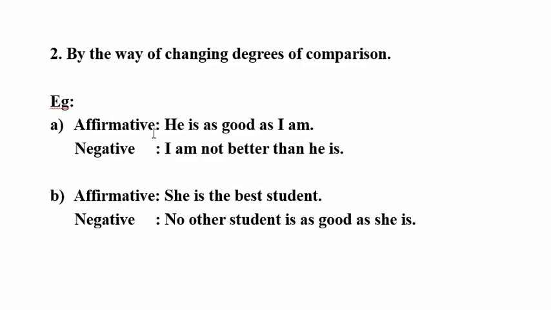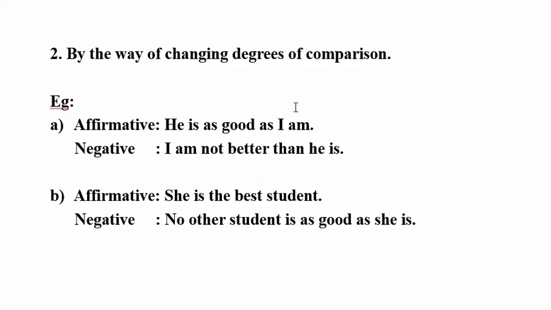So in the first sentence, we see he is as good as I am. That means I am good and he is as good as me. And while forming the negative sentence, we use the term not here. Not, we know it's a negative term, and I am not better than he is. That is, he and I are almost equally good.